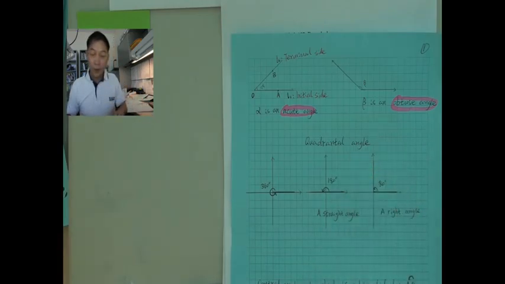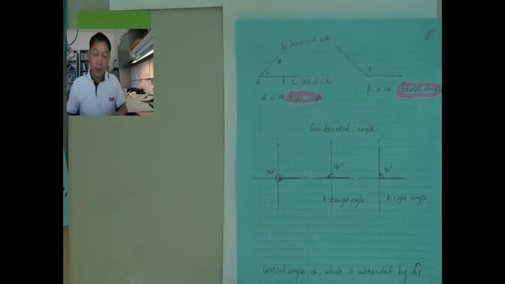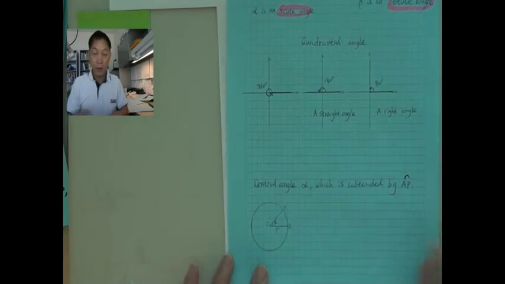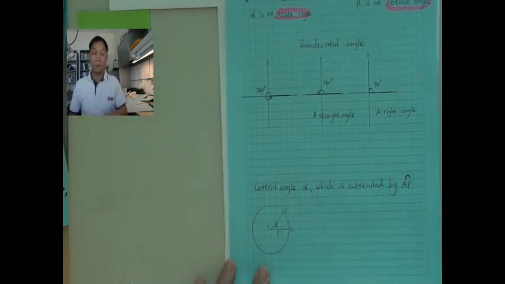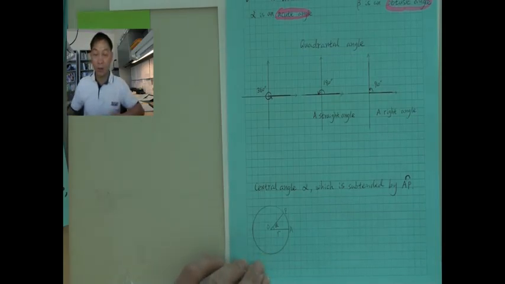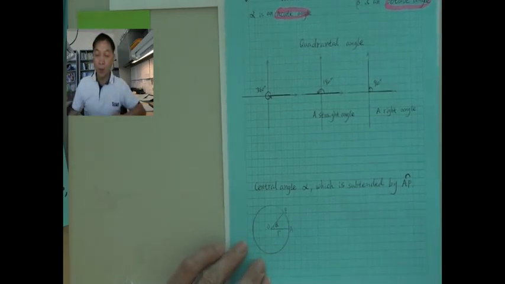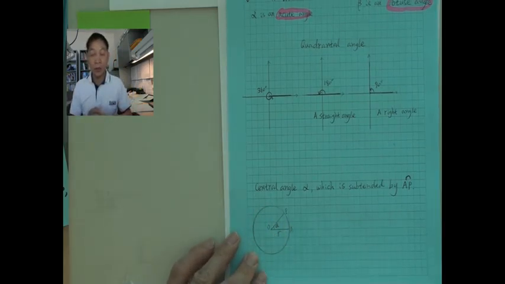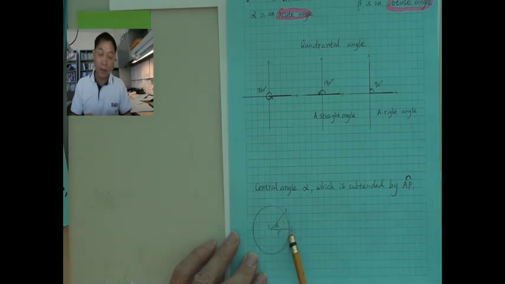Alright. Now, another terminology is called central angle. What's the meaning of the central angle? You may put an angle, AOP, with the vertex on the center of the circle. Okay? So in this case, the angle we get is called a central angle.